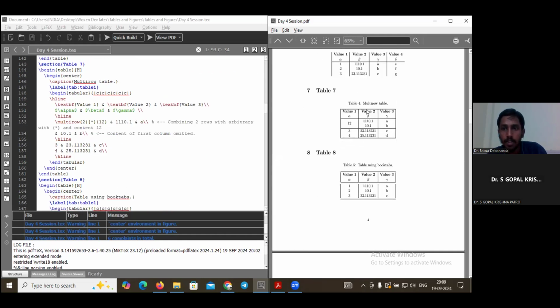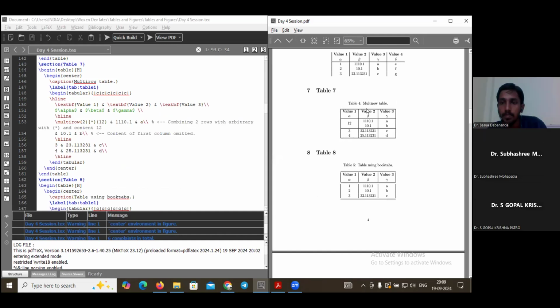Excuse me, sir. Yes. Sir, what is that label used for? Actually, I will explain label tomorrow, but since you have asked: label is used if you want to cite this table. I have drawn these things in table 7.